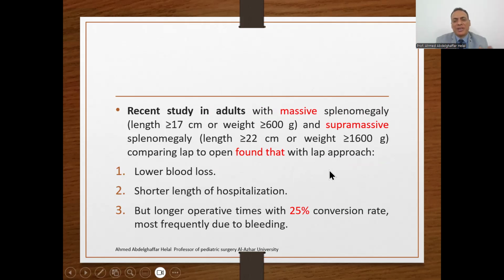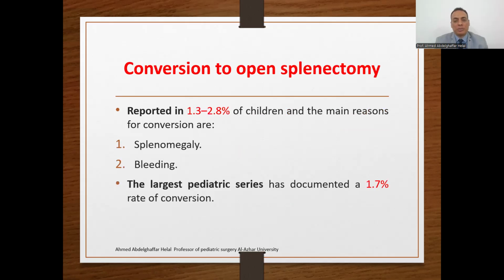Compared to open, they found that with laparoscopy there is lower blood loss, shorter hospitalization, and longer operative time, with a 25% conversion rate, mostly from bleeding. So this study examined dealing with a massive and supramassive spleen with laparoscopy.